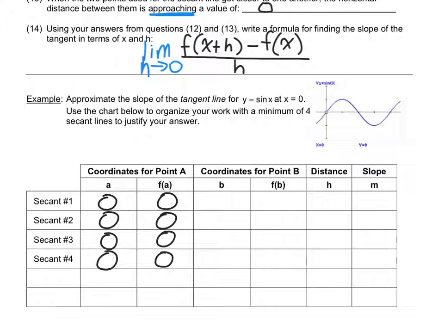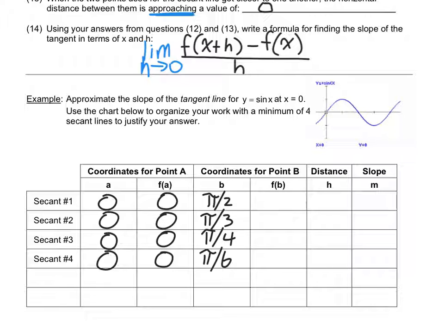So that's good. Now we want to work from the farthest x value away, start with that one, and then work our way in. All right, so I'll start with the pi over 2 and dial it back. Pi over 3, pi over 4, pi over 6.